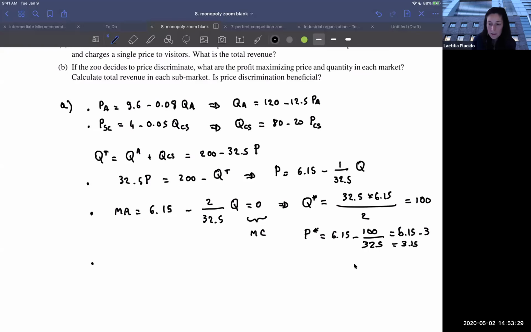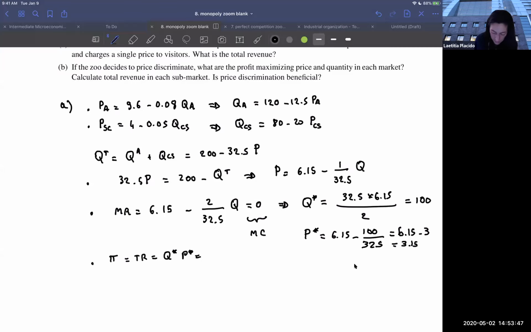Now we can calculate the profit. Because the marginal cost is 0 and there are no fixed costs apparently, profit is the total revenue, and that's Q star times P star.